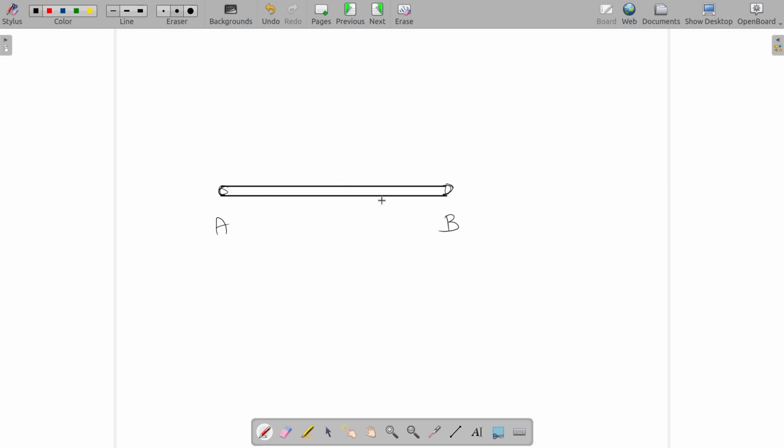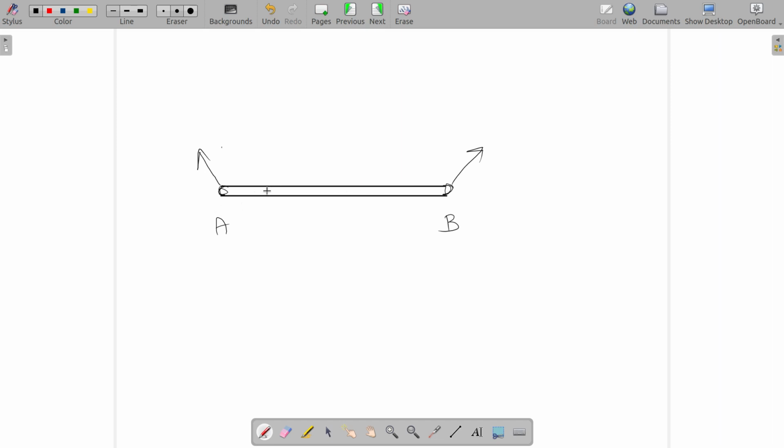So there can only be forces. What kind of forces? Let's say there is a force here and here.